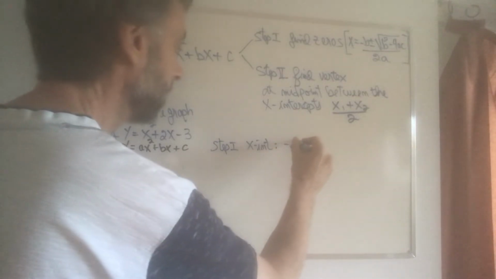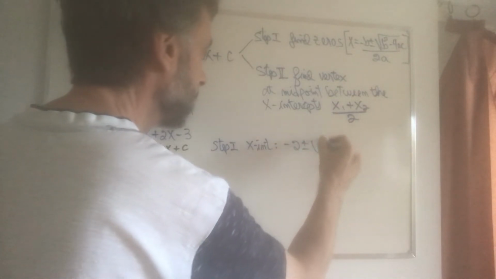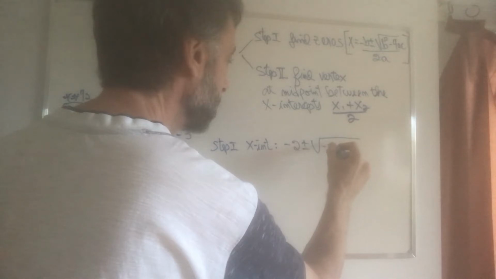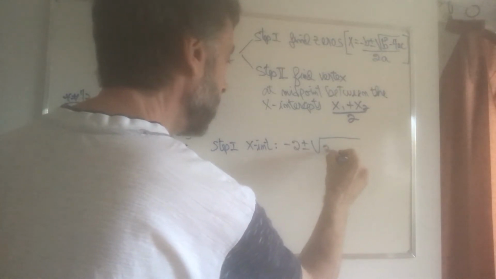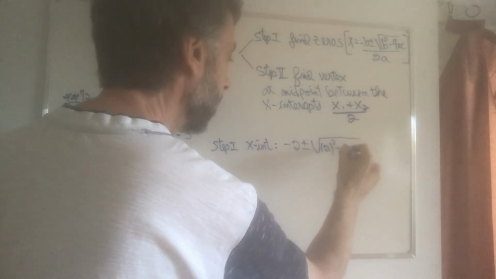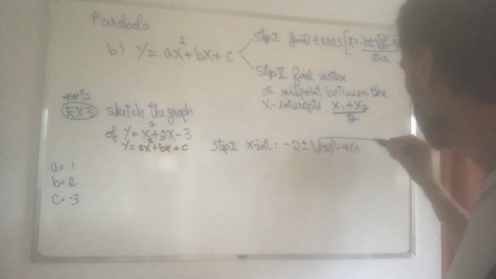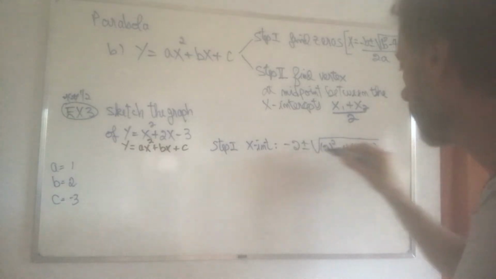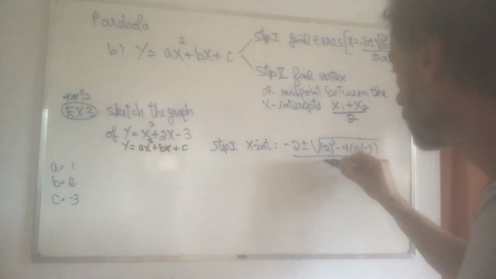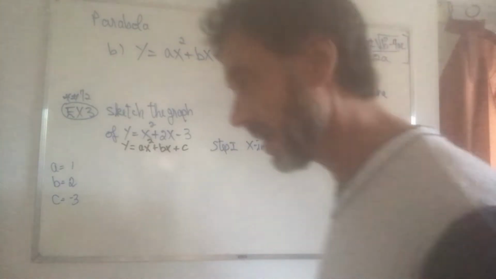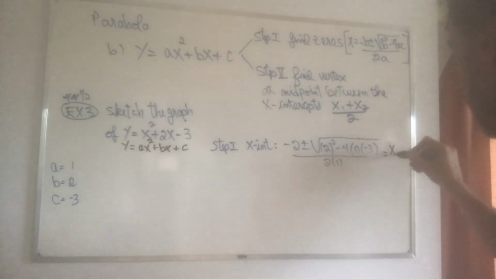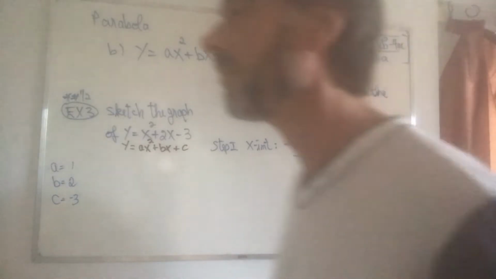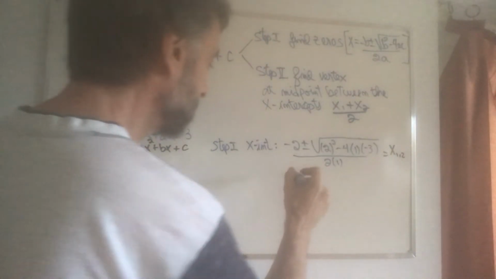Minus b plus or minus the root of b squared minus 4ac over 2 times a. These are my x's, x1 and x2.